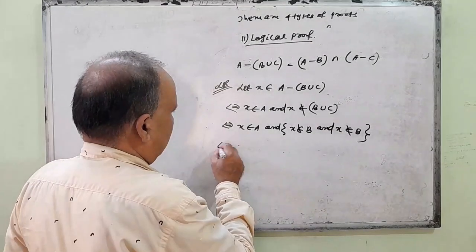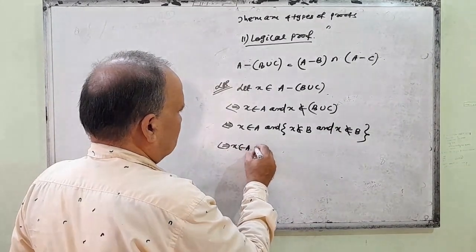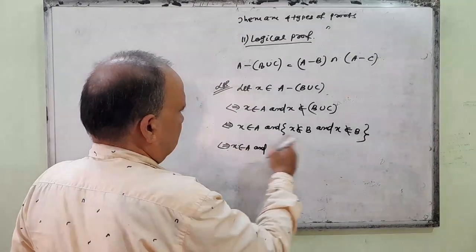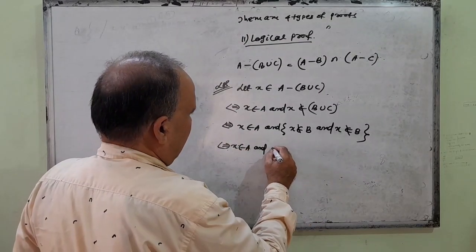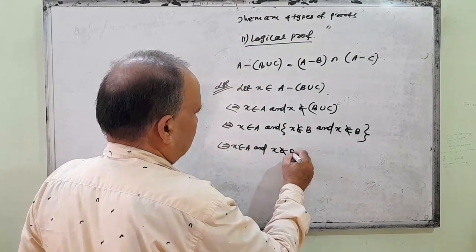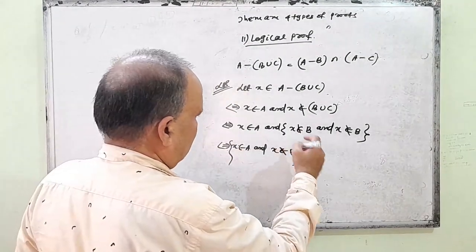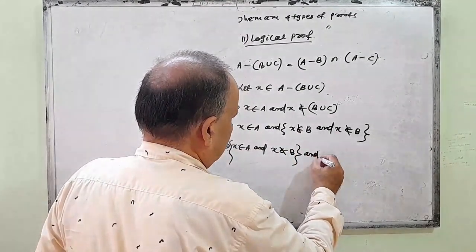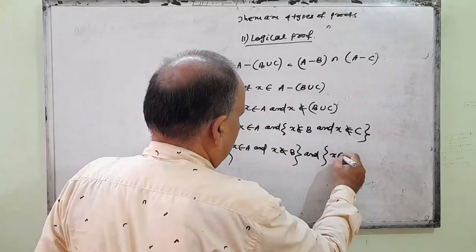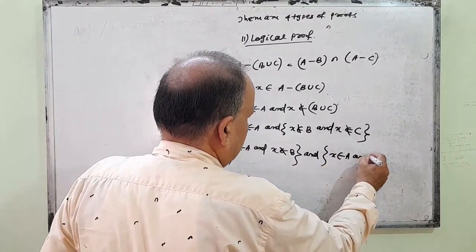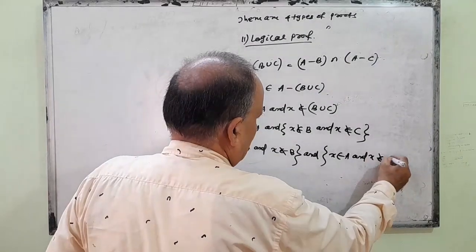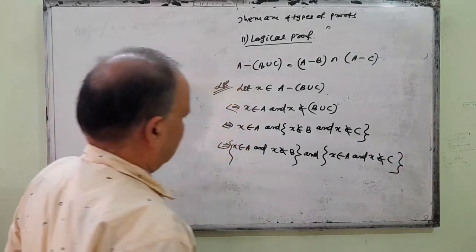Then you distribute it: x belongs to A and x does not belong to B, and x belongs to A and x does not belong to C.